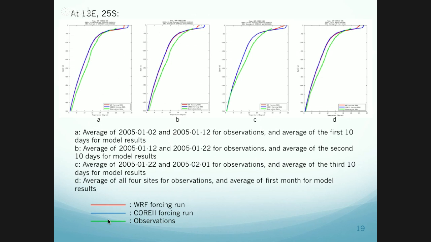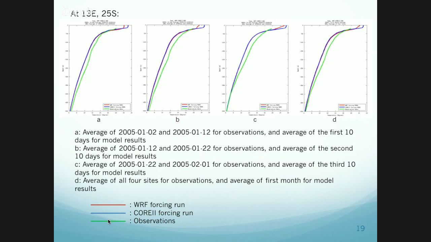So what I did is average the first two observations and compare with the average of the first 10 days of the model. So it gives the first figure here. For these two, I did similar things: average these two observations and compare with the 10-day average of the model results.